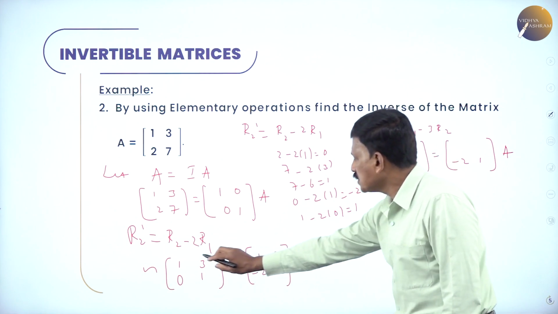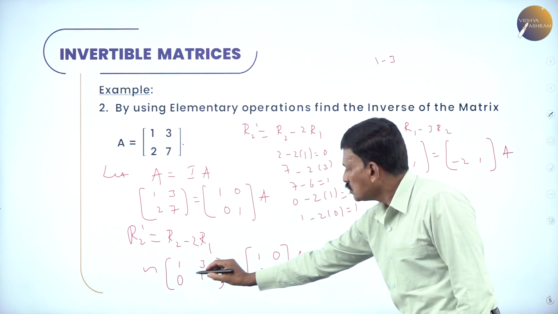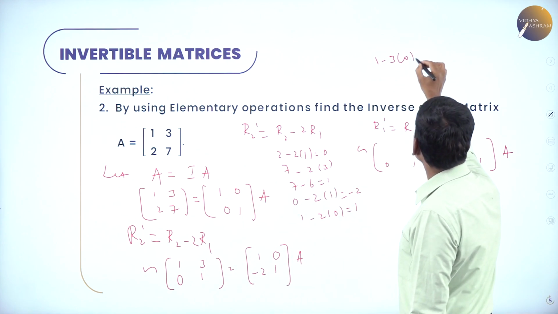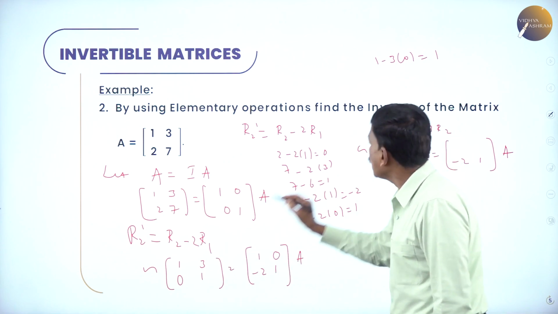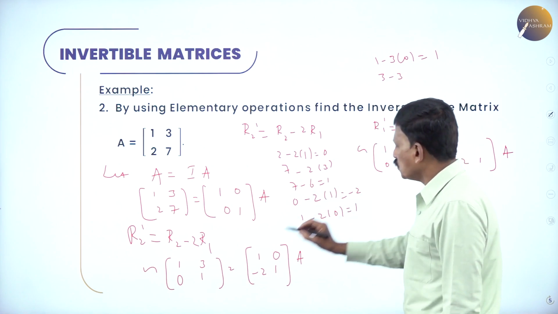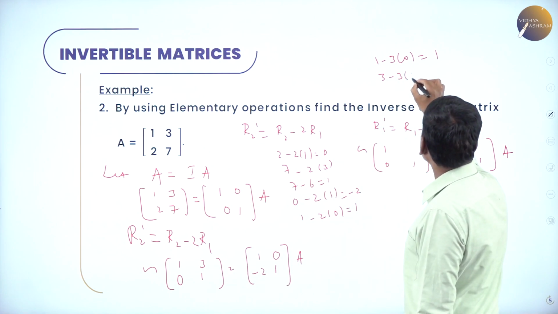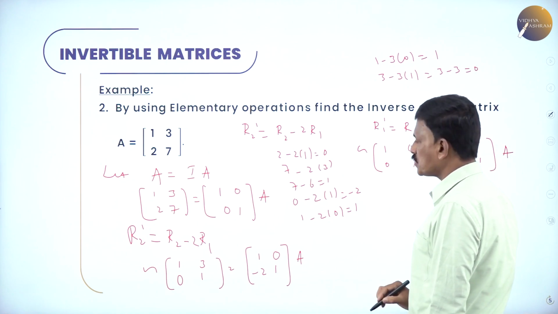So R1 dash, this is the first element, 1 minus 3 into 0. 3 into 0 is 0. This is 1, it won't change. Again the second element, 3 minus 3 into 1, that is 3 minus 3 is equal to 0. This reduces to 0.